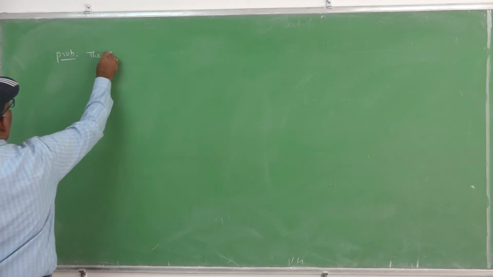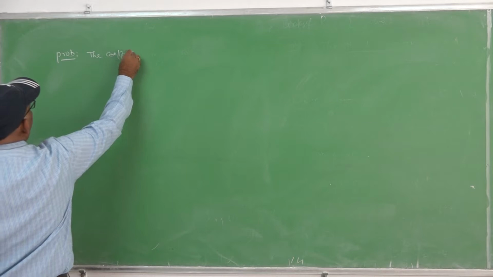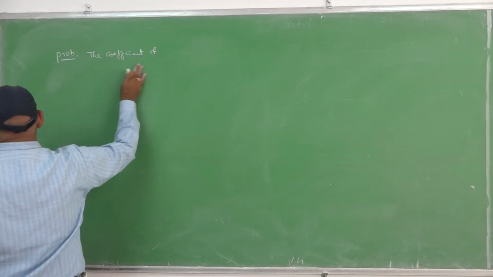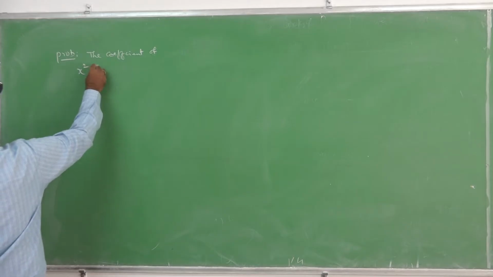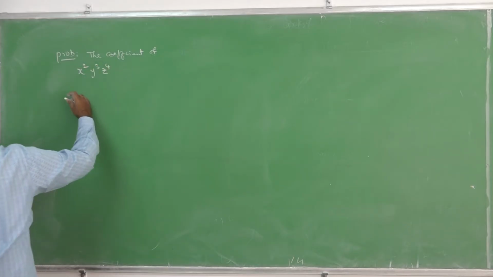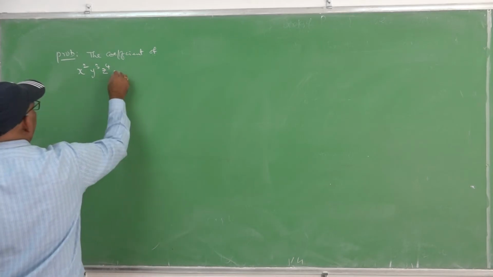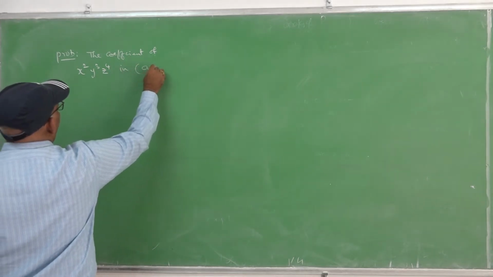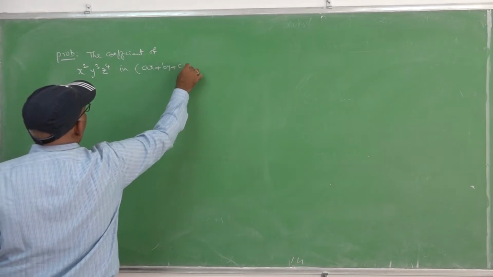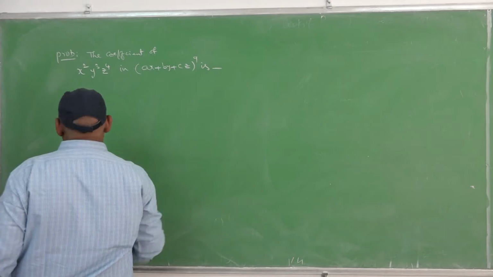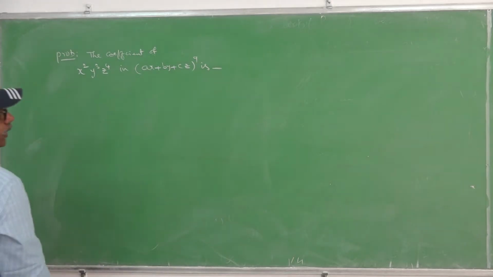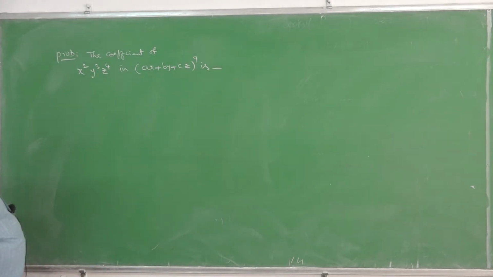The coefficient of x square y cube z power 4 in the expansion of (ax plus by plus cz) whole power 9 is.